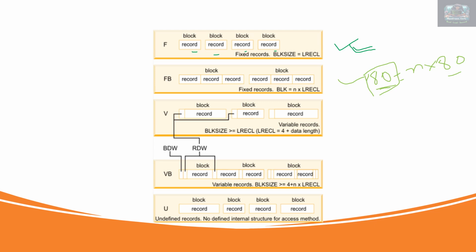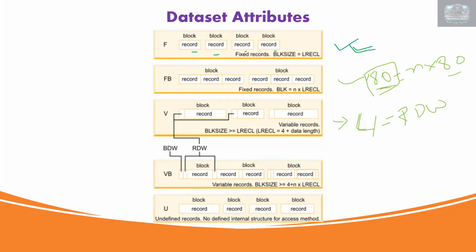Then comes variable, where you know that the first 4 bytes are for the RDW, record descriptor word. After that, the data length less the RDW is the record length. It will sometimes be equal to the block size, and it could be less than the block size.